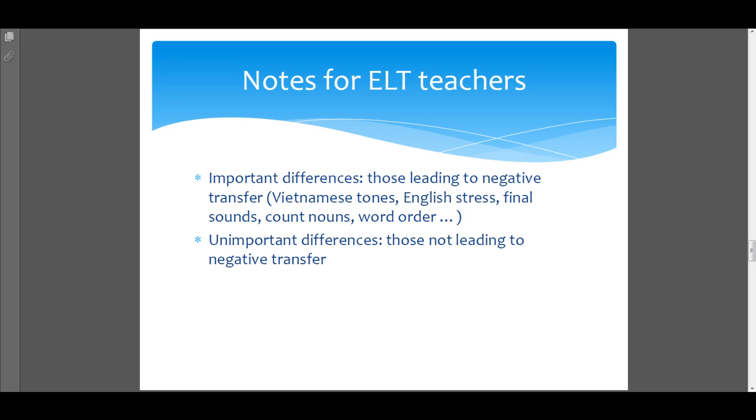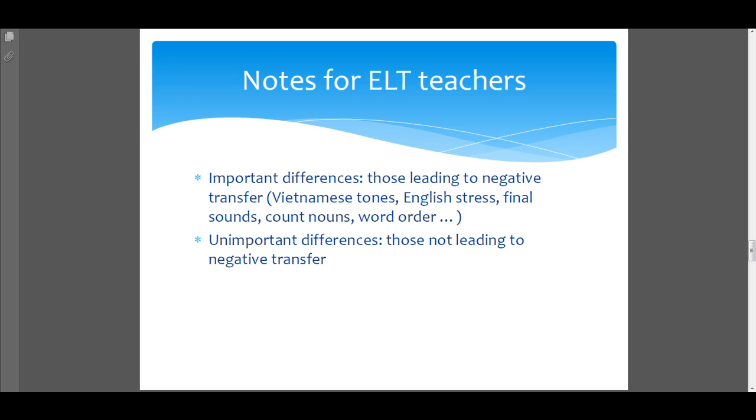Okay, and here are some important notes for language teachers. With important differences across language pairs, those differences that can lead to negative transfer, it's important for us to focus our attention on these points and spend a lot of time drawing students' attention to these problems.